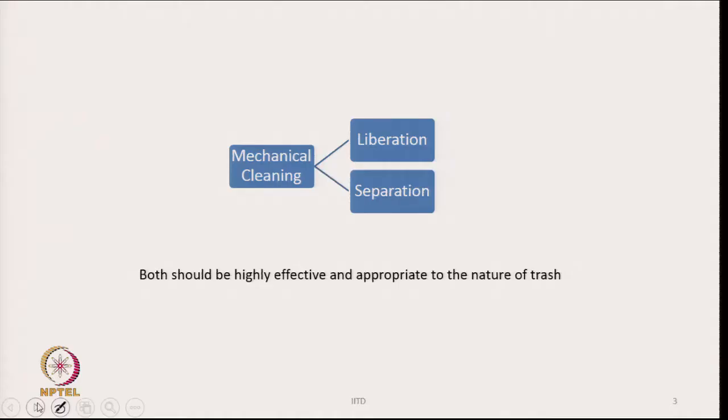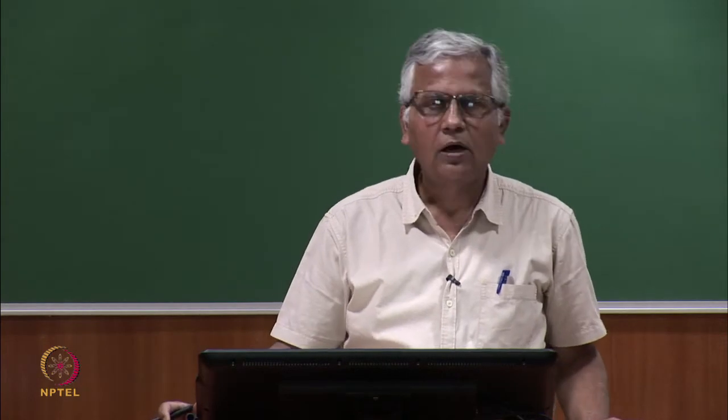Mechanical cleaning has two aspects. One is liberation and the other one is separation. Liberation means liberation of trash particles, and separation means after liberation how to take them out.